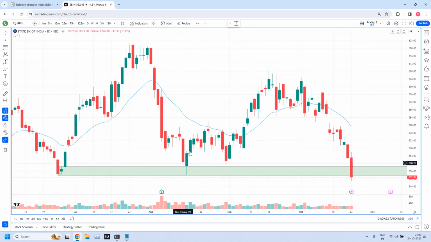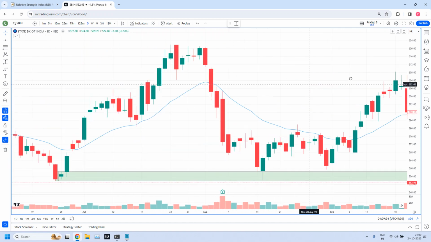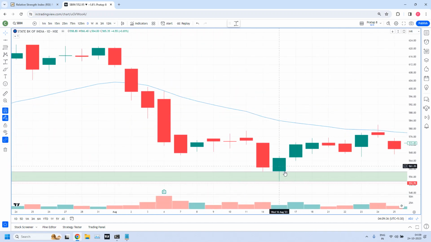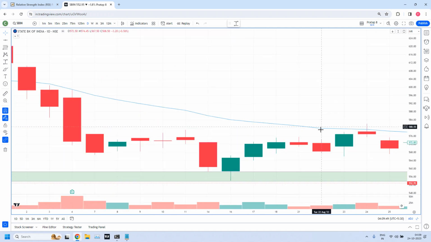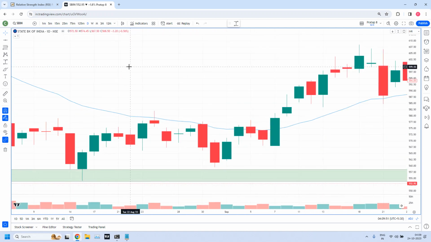So it never returned after that. But see the first time how deep the prices went inside. Just maybe a few paisa before this distal line, prices turned up. But gave a very good move after that.